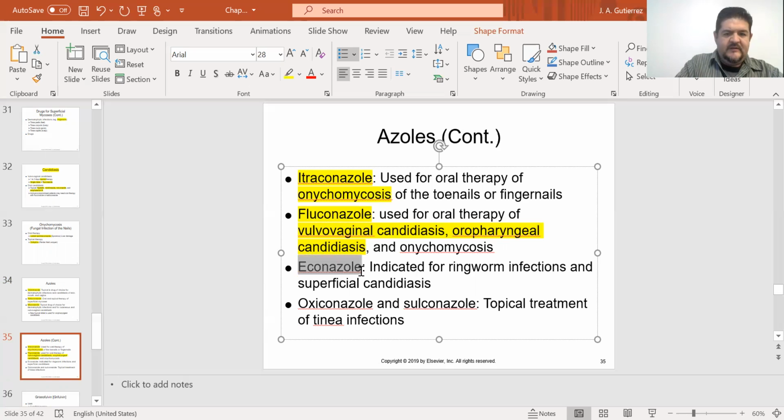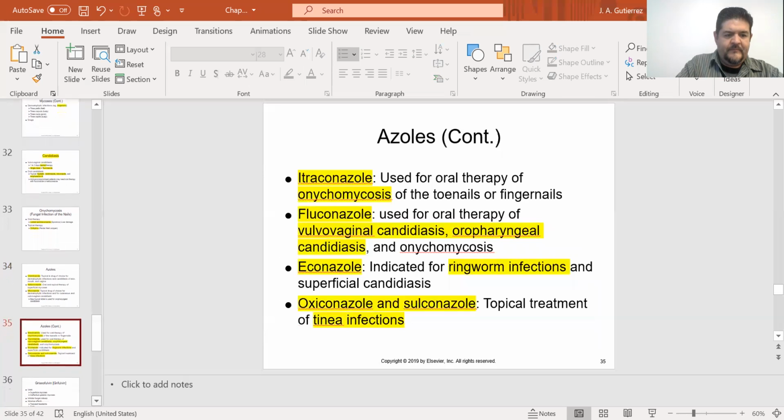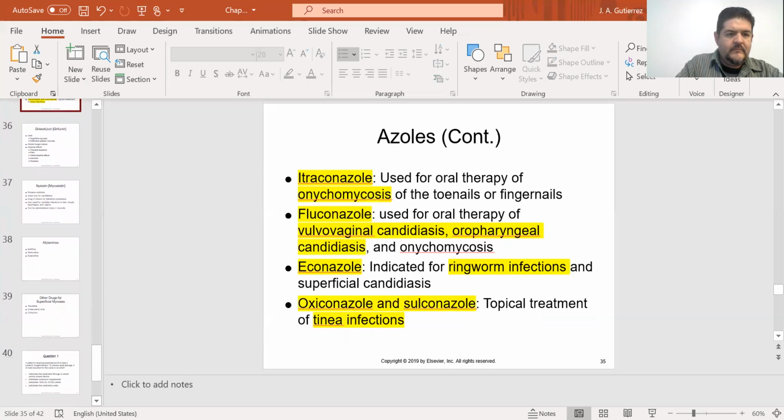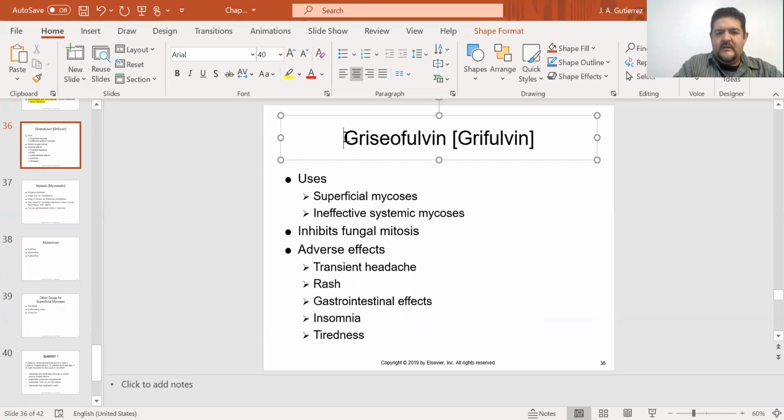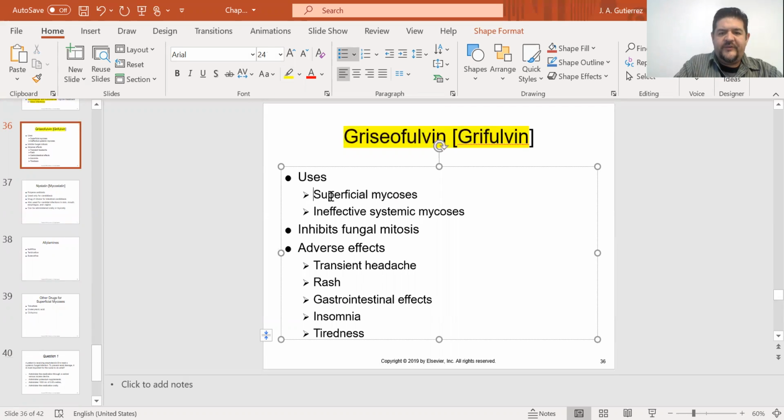Ketoconazole, this medication is advised for ringworm infections. And oxiconazole, sulconazole, just like the other azoles, can be used for all 4 types of tinea infections. Griseofulvin, this medication is very good for superficial mycosis.